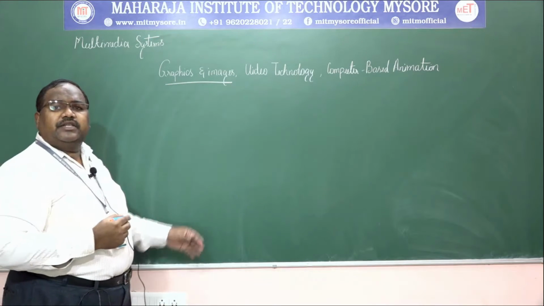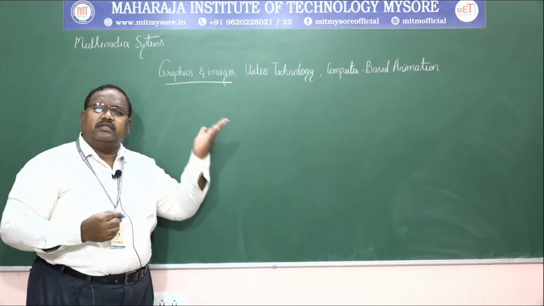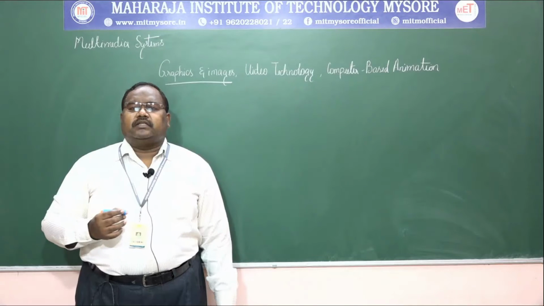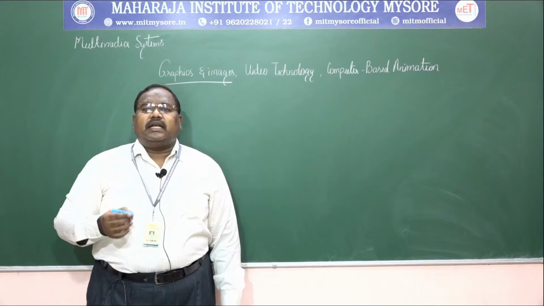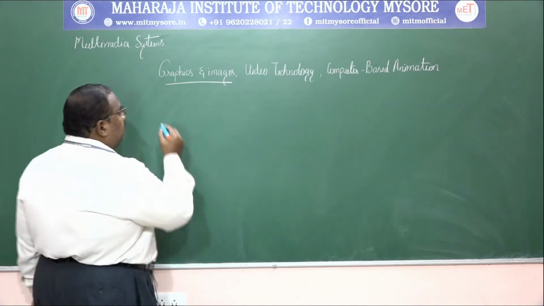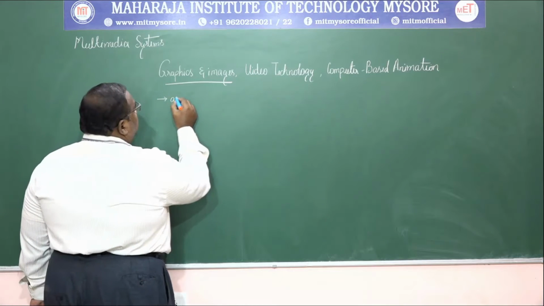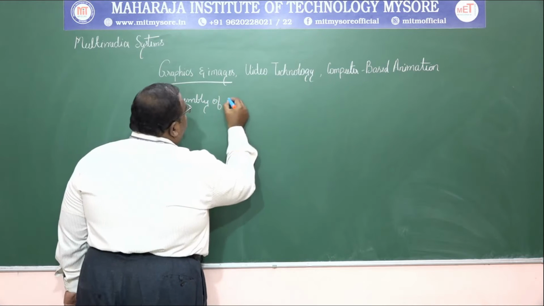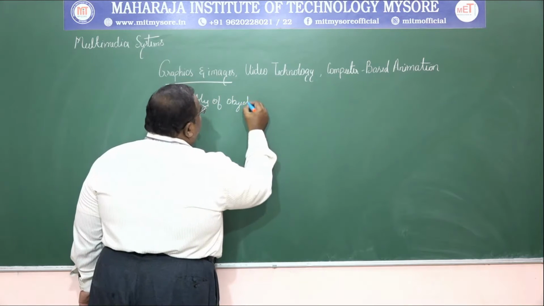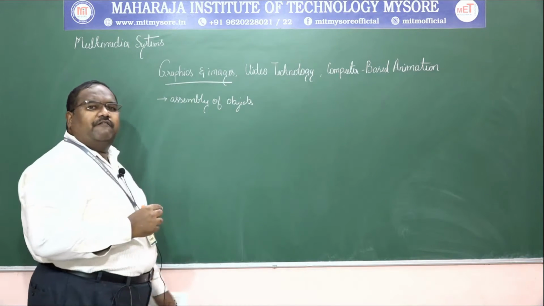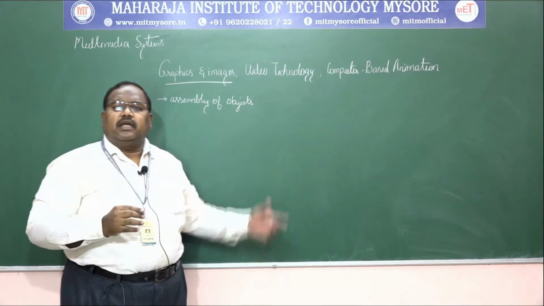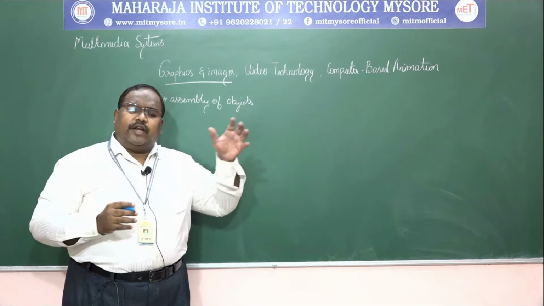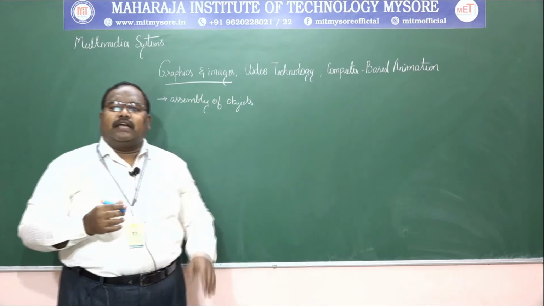Now let us start our discussion with graphics and images. We know that graphics are normally created in graphics applications and internally represented as an assembly of objects. This is very important. So what are those different objects that are combined to form a graphic?